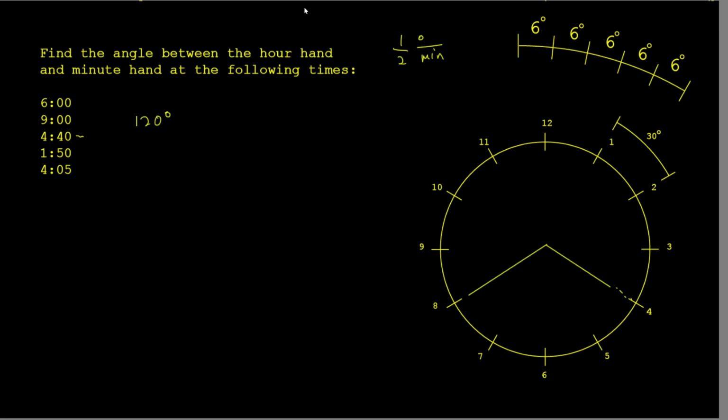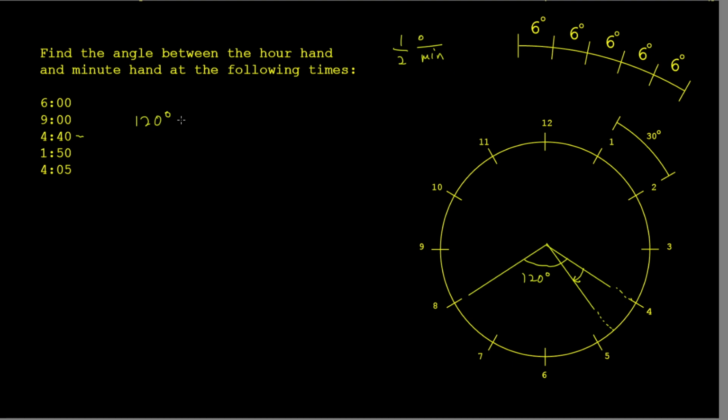However, we know that the hour hand does move. It's going to move over somewhere to there. Doesn't have to be perfect, just get an idea of what it's doing. That's 120 degrees. And the movement of the hour hand will decrease that angle. As we saw up here, the hour hand moves 1/2 a degree per minute.